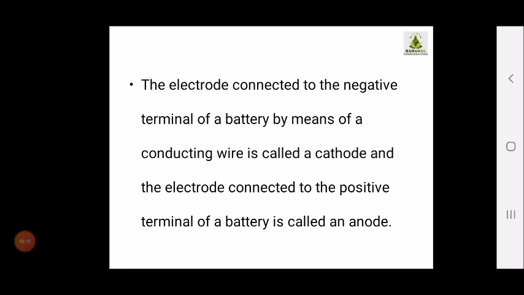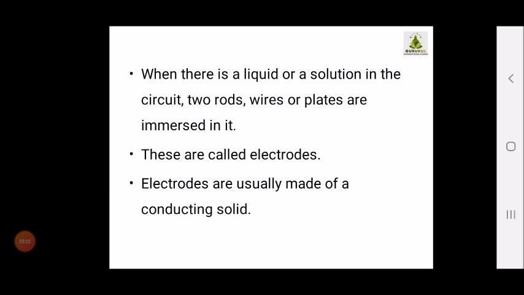Now this was the introduction regarding the cathode and the anode. Children, this information about electrodes you can read once again. For more information, you can read the textbook and watch the videos again.